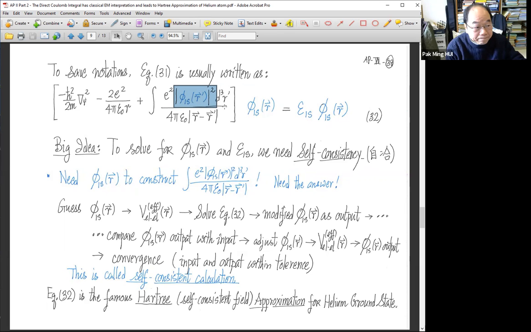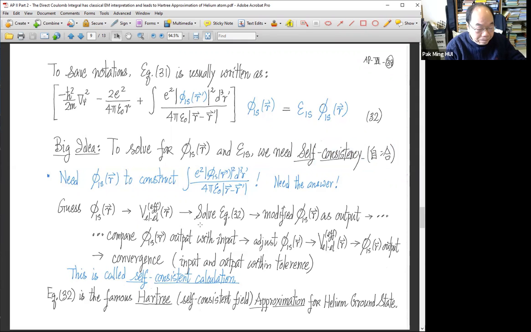Okay, so that comes to a technique in computational physics. Here is a breakthrough in the development of physics and chemistry combined. In order to solve this thing, the technique is called self-consistent solutions.